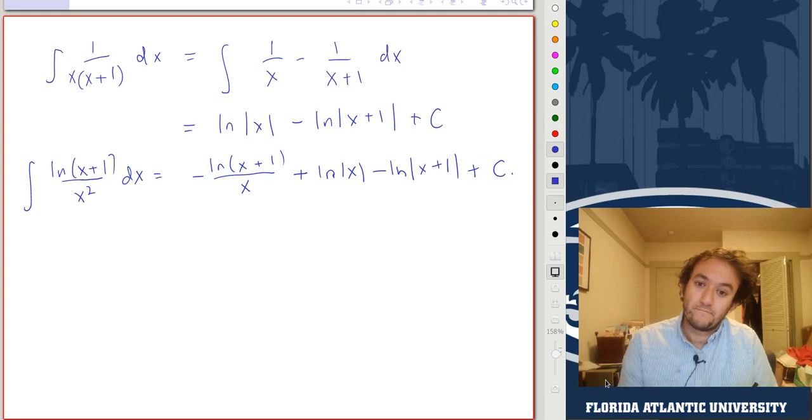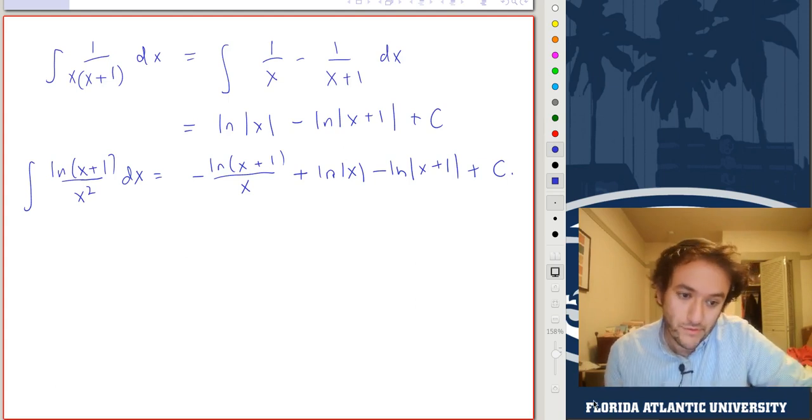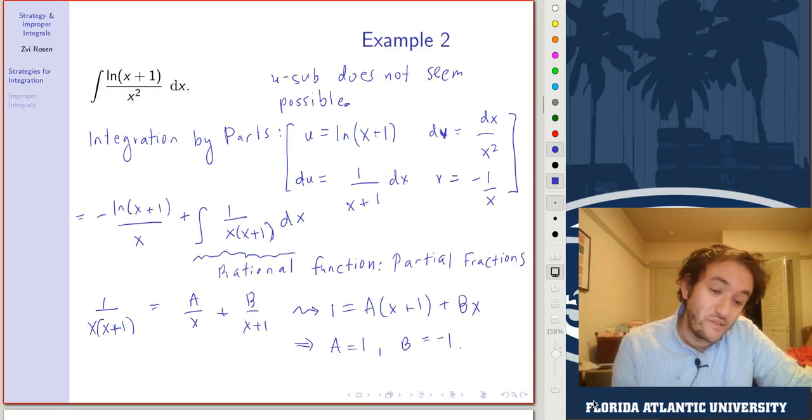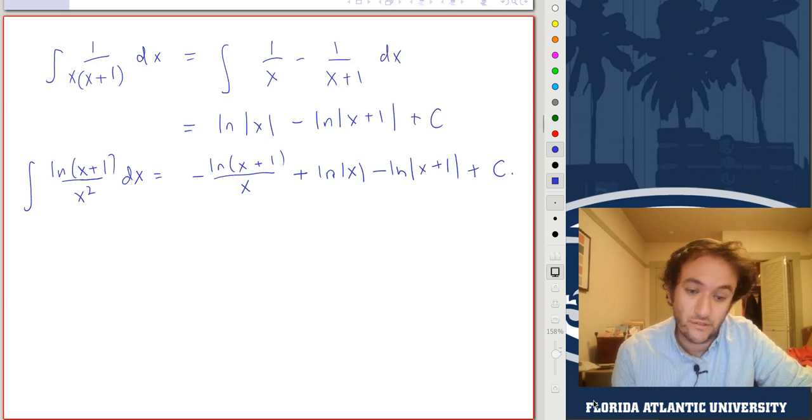Okay. So here, just to review, we started with integration by parts. We obtained something for which we used partial fractions, and putting it all together, we found our integral.